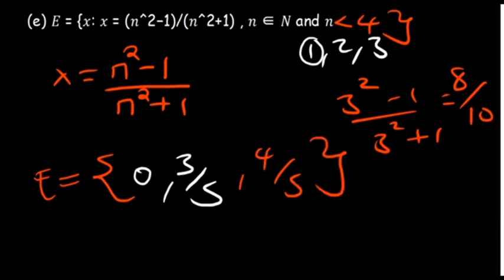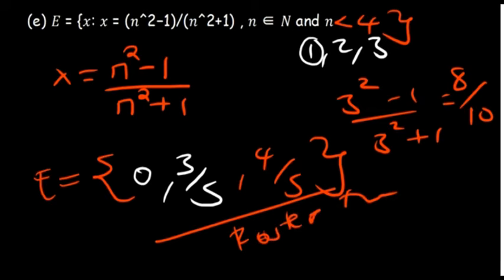So we've listed the members of set E by looking at the set builder notation. What we've listed there is a form which you call the roster form. Let's try to move on.